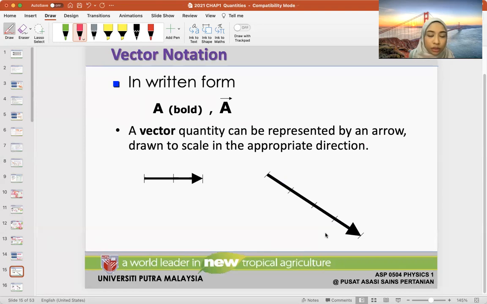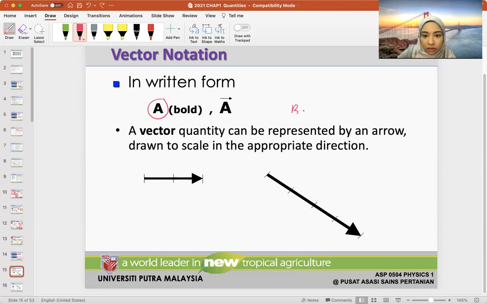Okay, so vectors. How are we going to write vector? Okay, kalau kita tengok dalam textbook, if we look at the textbook, vectors can be denoted as bolded letter. Bolded letter. For example, I say vector B is 10. Okay, let me write it down.